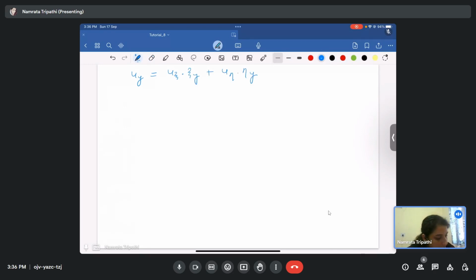This is xi and this is eta. Similarly, you can calculate the value of uxx. You have already done these things in your lecture series. I'm just recalling these things because in further questions we will use these ux, uy, uxx, uyy, uxy.